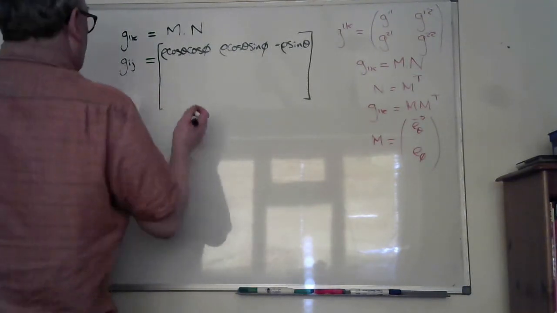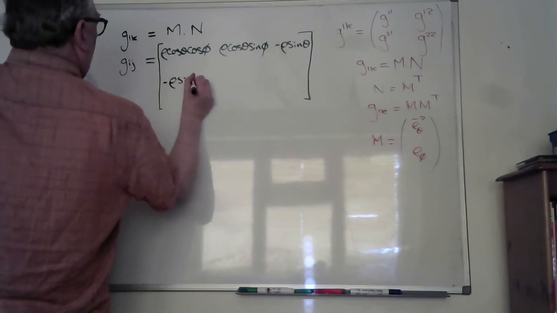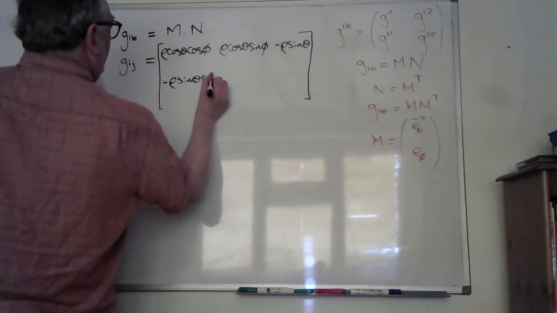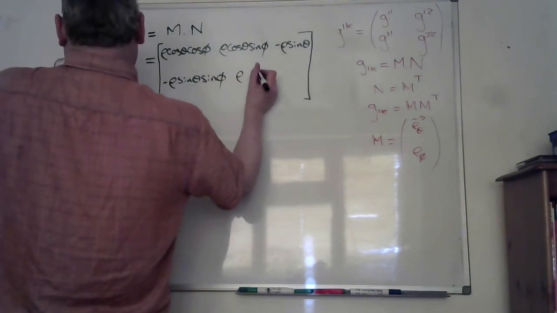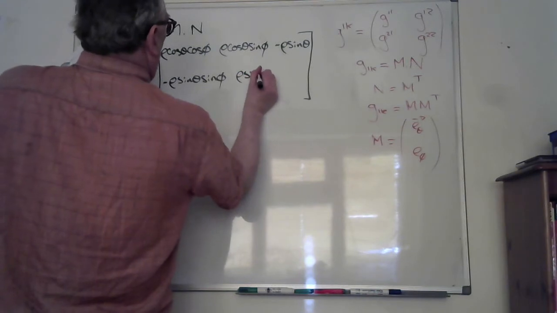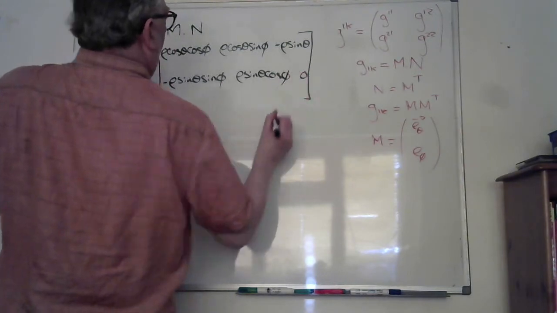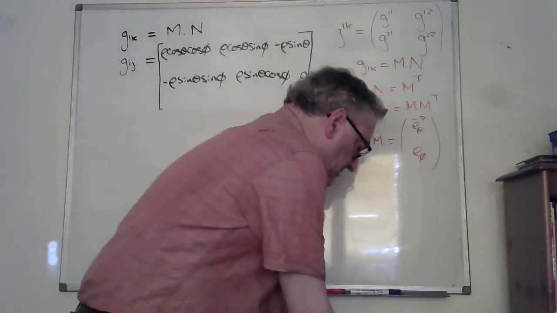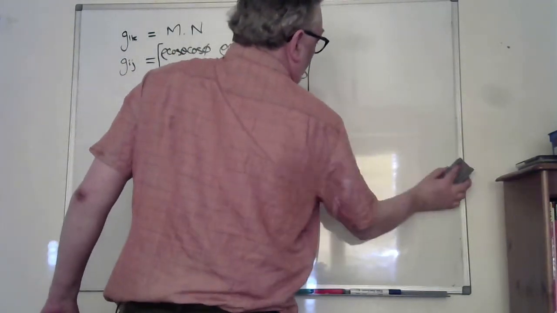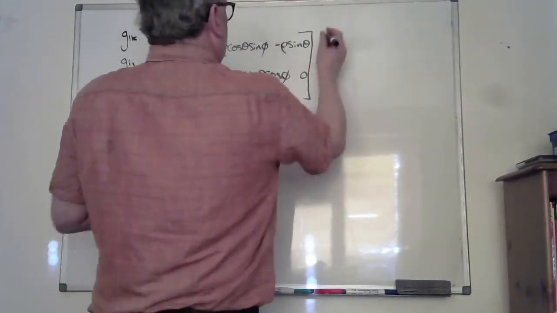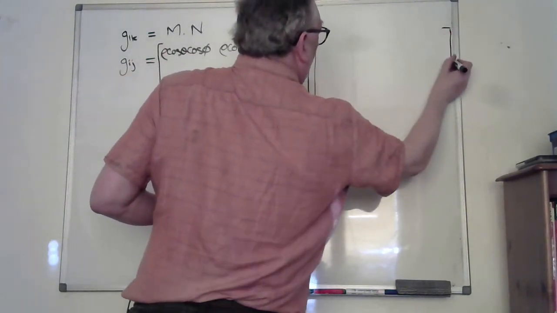This is the first matrix, and then we've got minus rho sine theta sine phi, rho sine theta cos phi, and 0 here. Now that's not all, because we need to multiply that by its transpose. And its transpose is, this does work out because I've checked it.